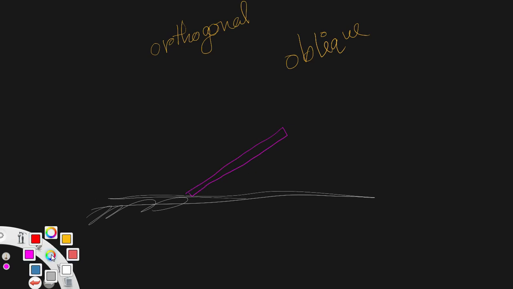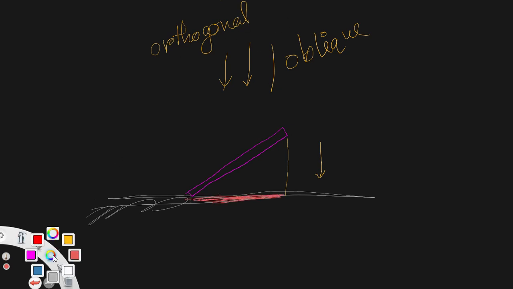A good example of orthogonal projection onto this surface is when the sun is just above and the light rays are coming perpendicular to the ground. We get the shadow here, right? So this is the shadow. This is a very good example of orthogonal projection.